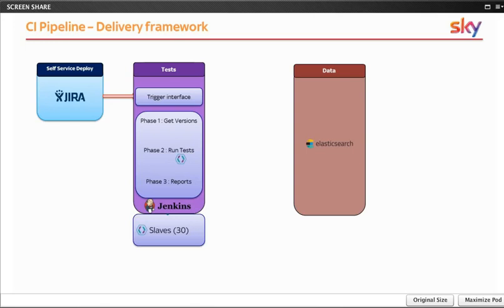In order to store our data, we have a database which is Elasticsearch, essentially an unstructured database into which we put all our data. So when we get the versions that are deployed, we do that via the Jira request and put that into Elasticsearch.